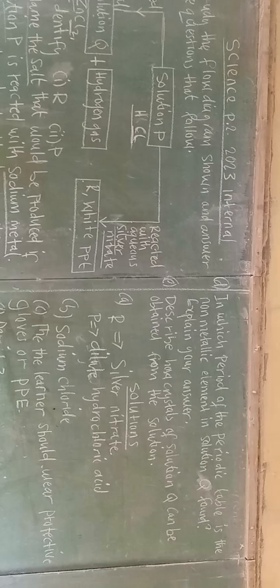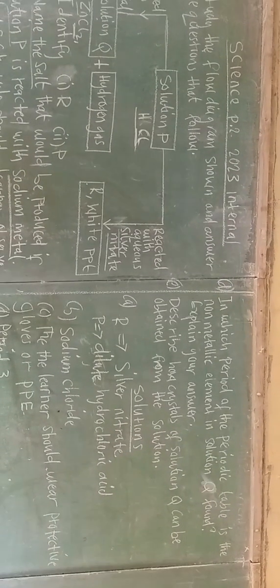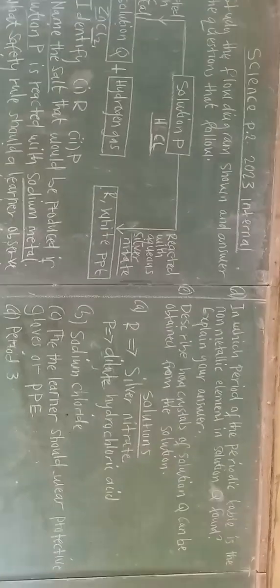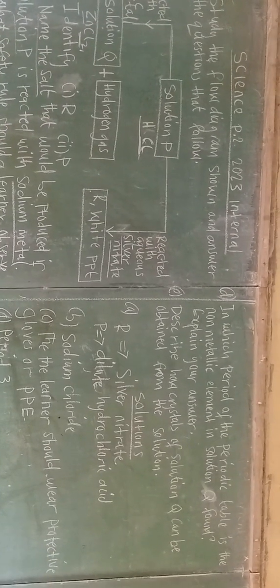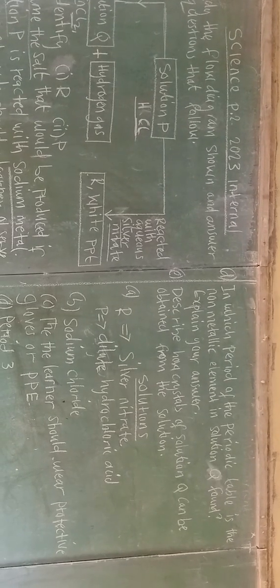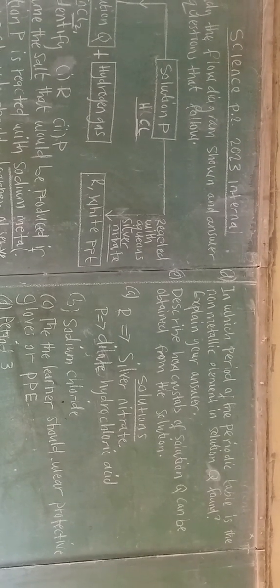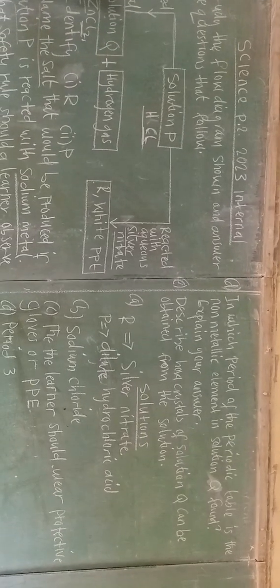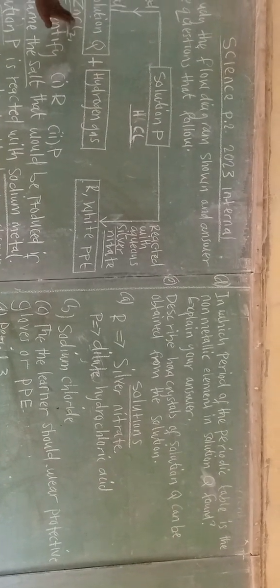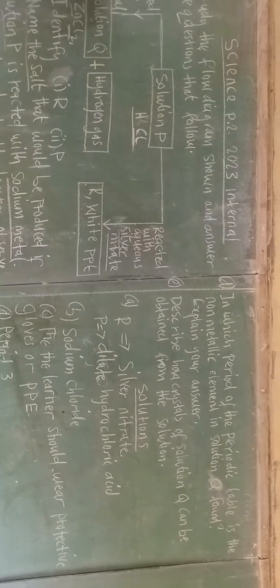Okay, we go to E. E reads, describe how crystals of solution Q can be obtained from the solution. They are saying the crystals of zinc chloride, how they can be obtained from the solution here.